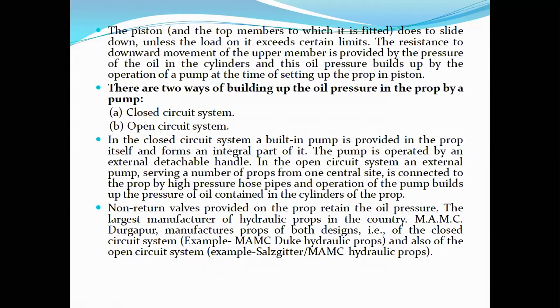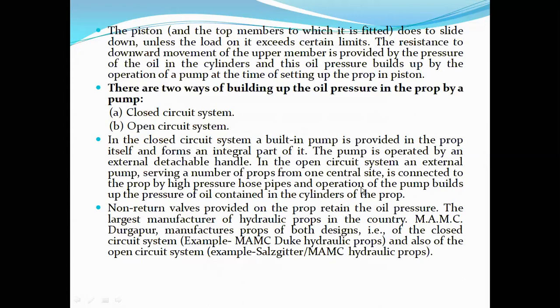So there are two ways of building up the oil pressure in the prop by a pump. One is closed circuit, the second is open circuit. In the closed circuit system, a built-in pump is provided in the prop itself and forms an integral part of it. The pump is operated by an external detachable handle, the one which we discussed.